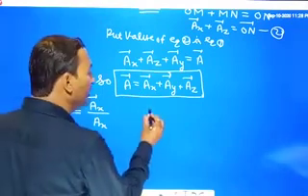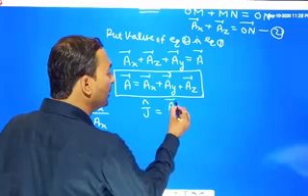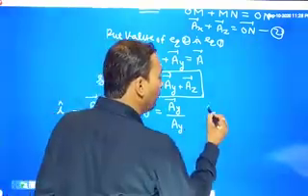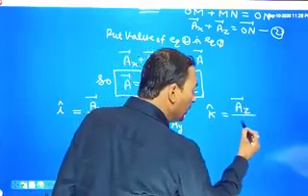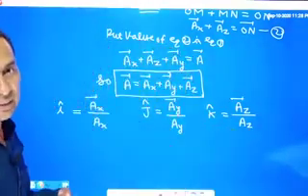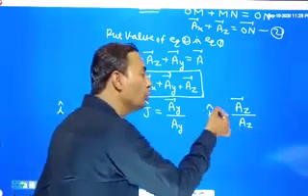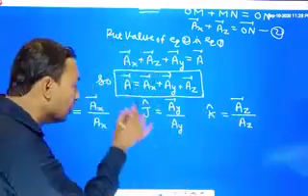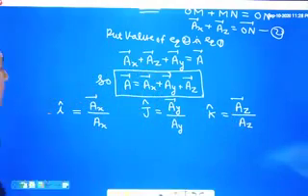Like that, j cap equals Ay vector divided by Ay, and k cap equals Az vector divided by Az. The unit vector in the z direction is k cap, in the y direction is j cap, and in the x direction is i cap.